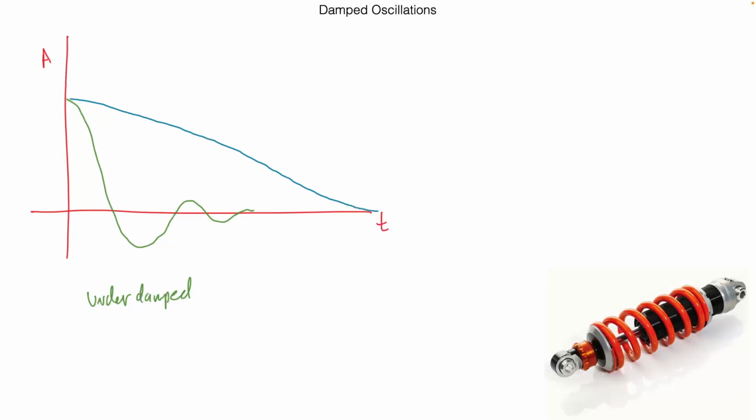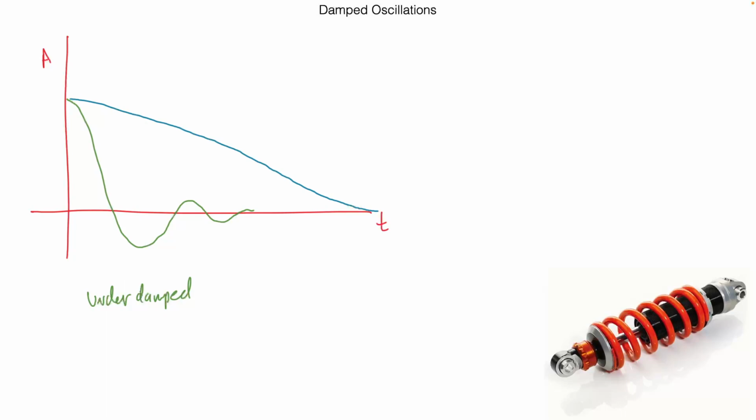You're looking at that going, well, Mr. Baylor, that doesn't look like a sine or cosine at all. Well, yes and no. It just depends on how many sine or cosine functions you're using. Anyway, that's getting too much into the weeds. The point is, this would be like taking a mass on a spring and, instead of letting it bounce up and down in the air, putting it in a jar of honey.